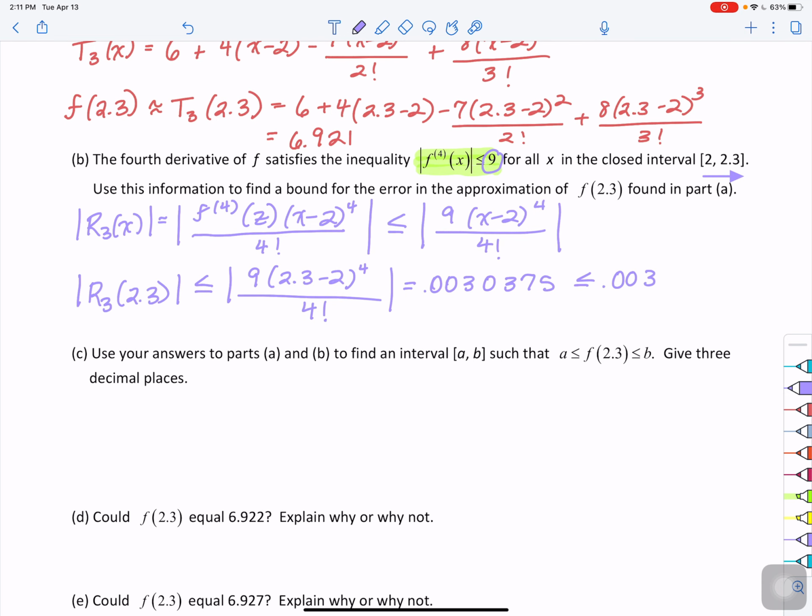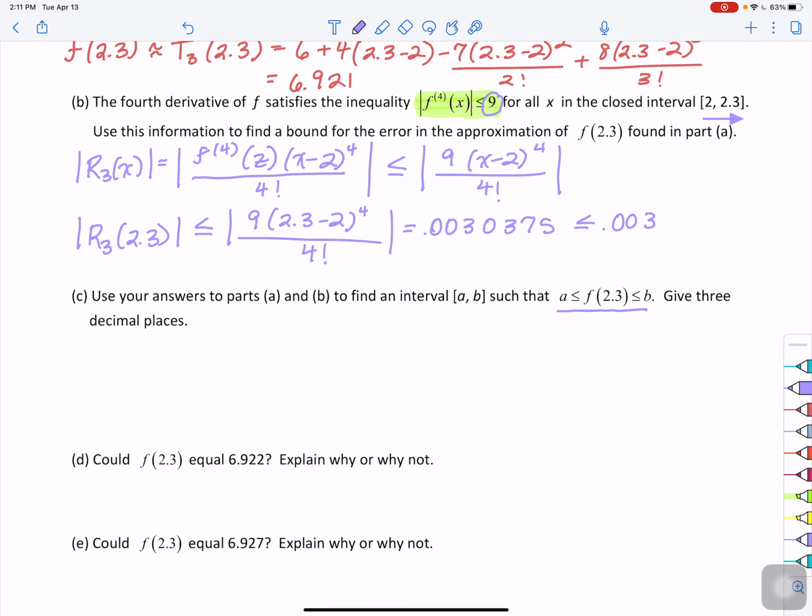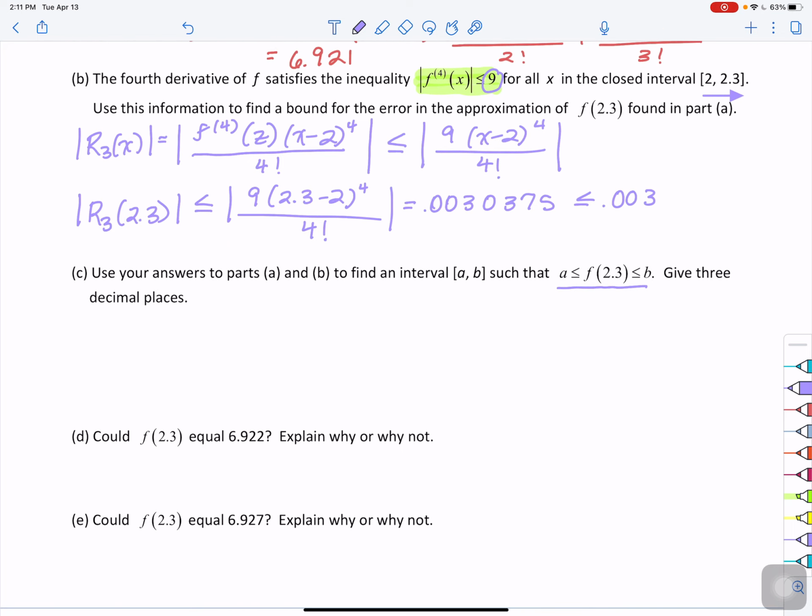So let's go ahead and use our answers in part A and B to find an interval such that f of 2.3 is between two values, and we will give 3 decimal places. So the reason why this is helpful is because that is what our approximation is within the actual.